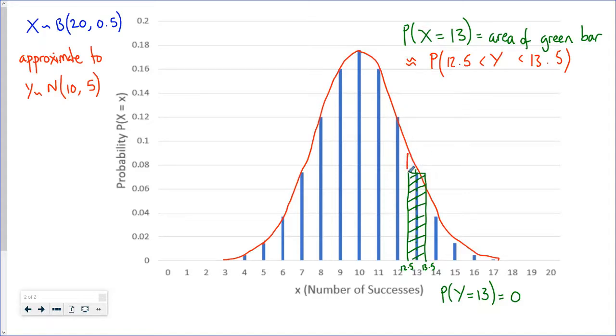So we would work out this whole area underneath the red curve, and we would come up with this area here. Now you can see that this is a pretty good approximation. We've got most of the bar, however we've got this extra bit here and we've missed out this bit of the green bar here, which is why it's only an approximation.